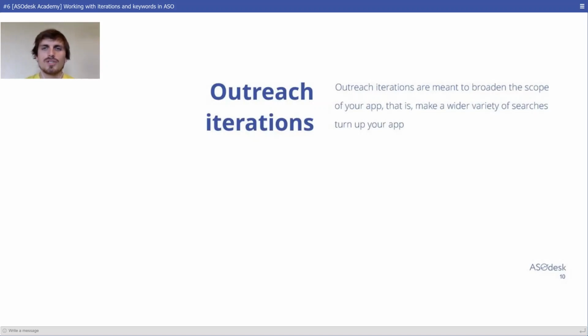So outreach iterations are meant to broaden the scope of your app, that is, make a wider variety of searches turn up your app.